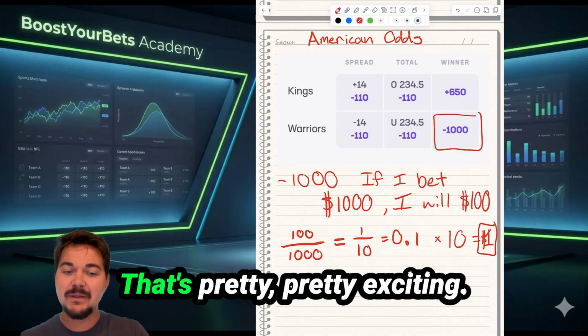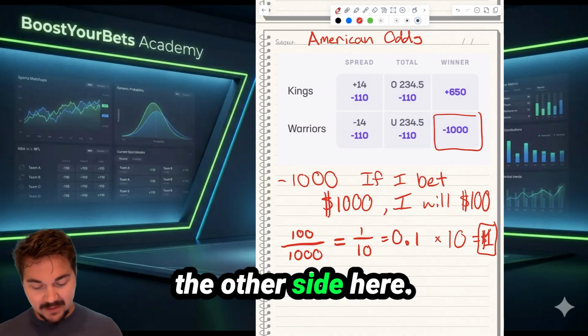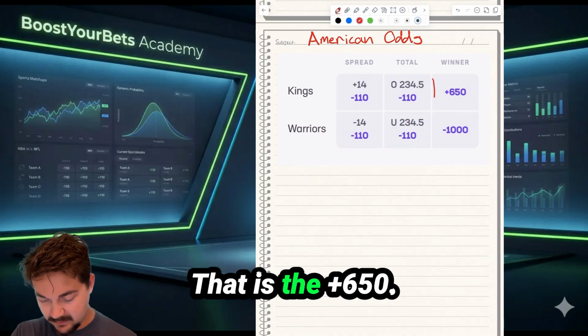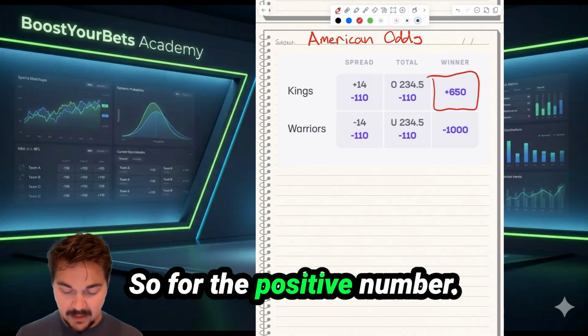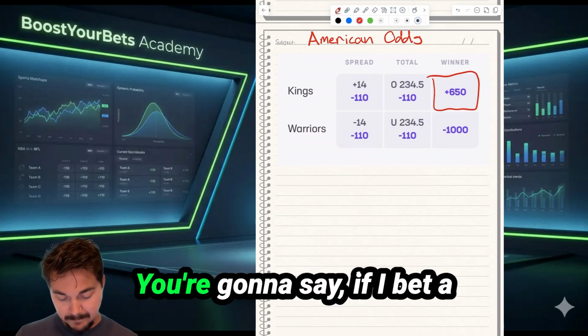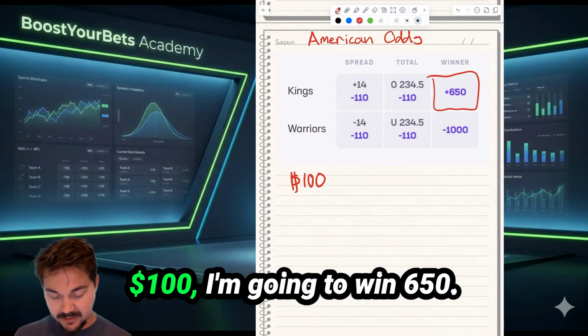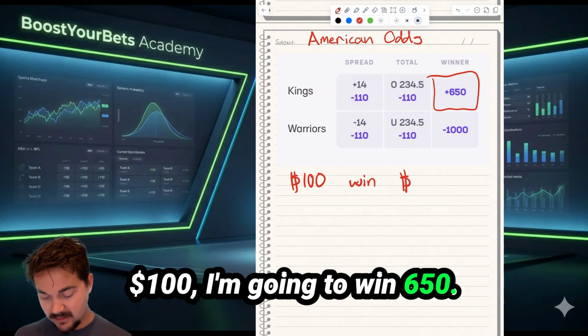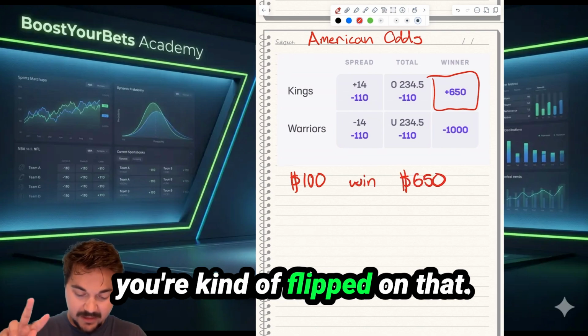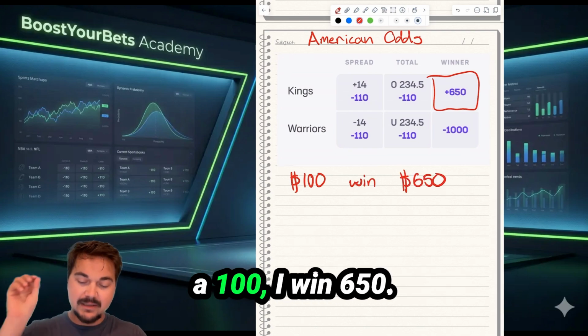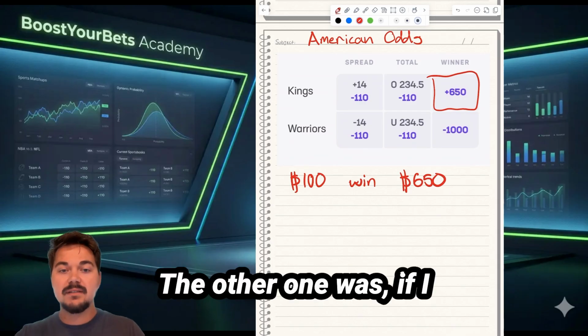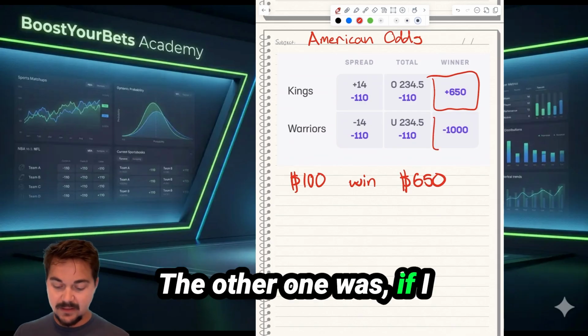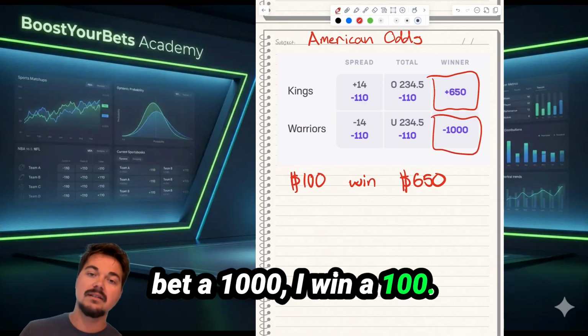Woo! That's pretty exciting. So now let's talk about the other side here. That is the plus 650. So for the positive number, you're going to say if I bet $100, I'm going to win 650. You're kind of flipped on that. Now it's if I bet 100, I win 650. The other one was if I bet 1,000, I win 100.